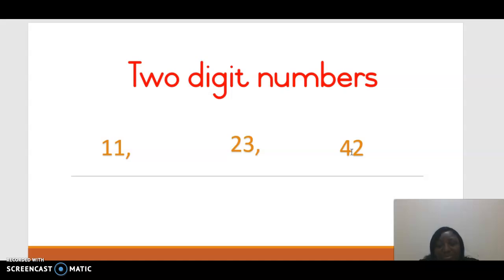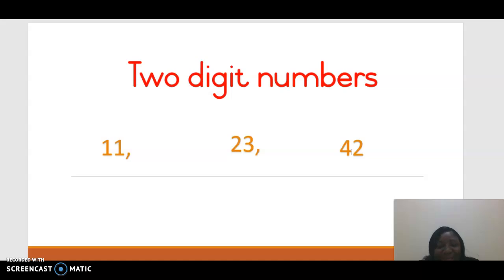Basically, two numbers. A 1 and a 1 makes the number 11. A 2 and a 3 makes the number 23. A 4 and a 2 makes the number 42. These are all two-digit numbers.